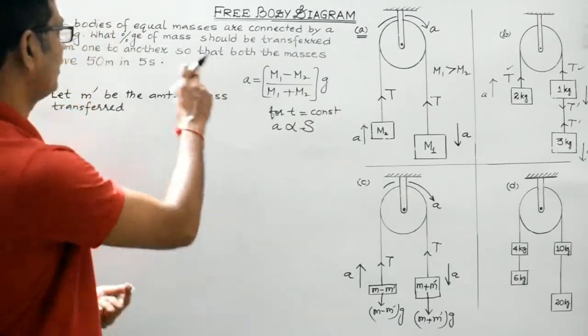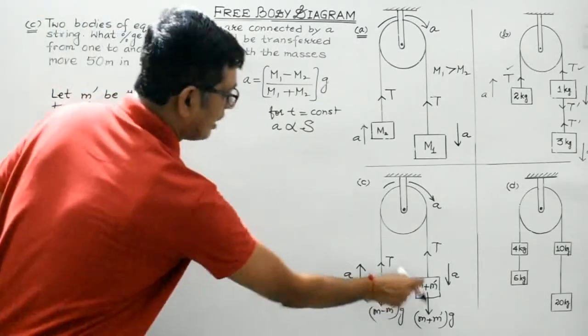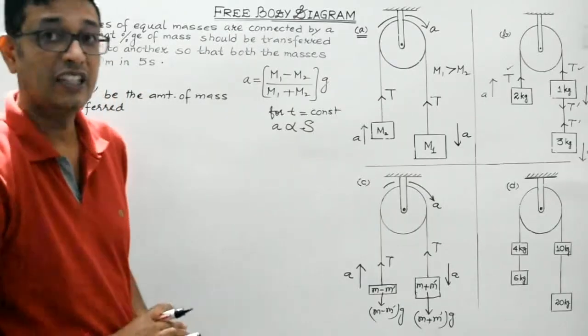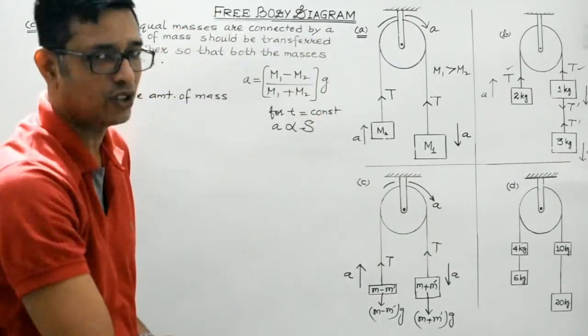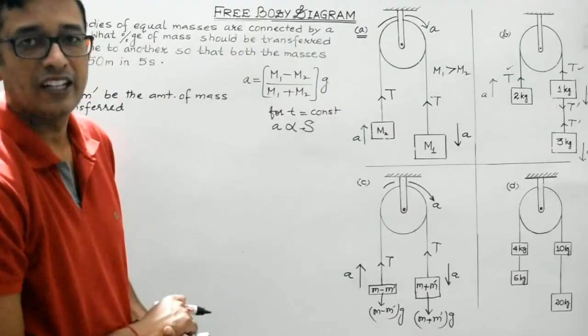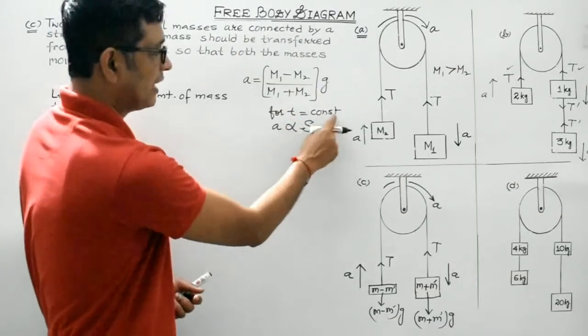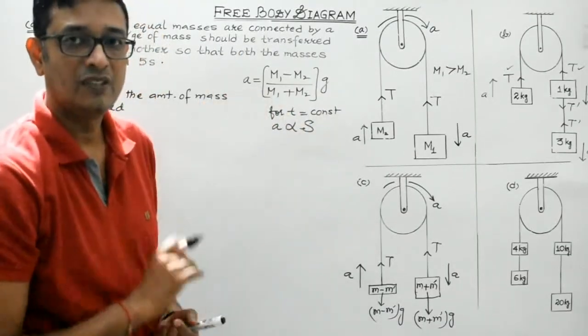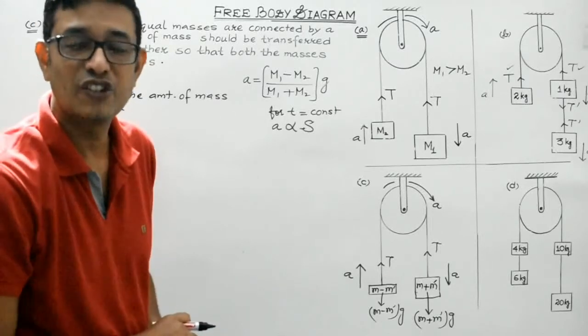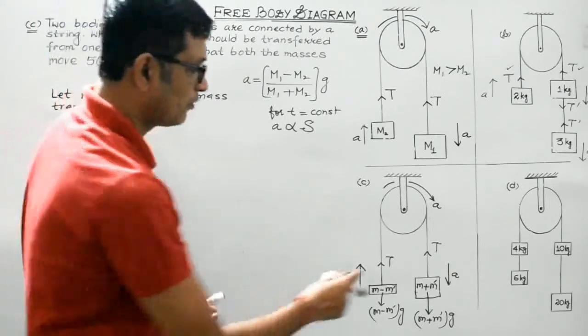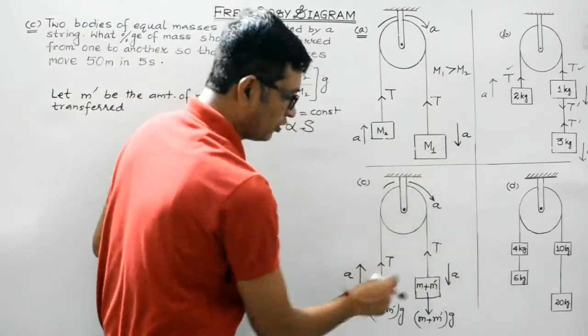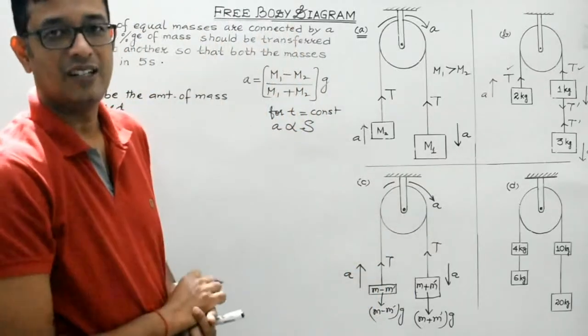Here, both the bodies are covering 50 meter distance in 5 seconds, one in the downward direction and the other in the upward direction. So in a given time, both will cover the same distance. Therefore, the acceleration of both the bodies is constant, but for this body, acceleration is directed downward, and for this body, acceleration is directed upward.